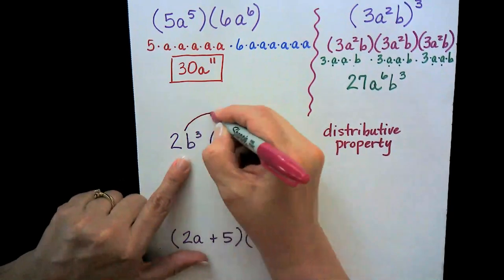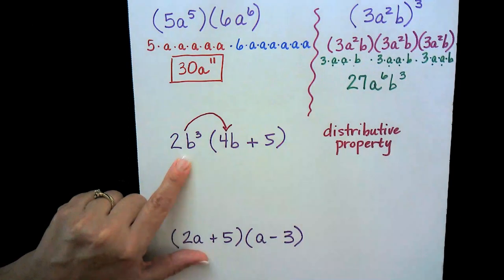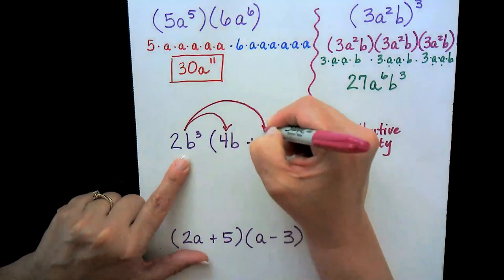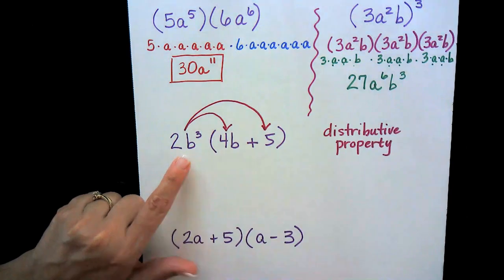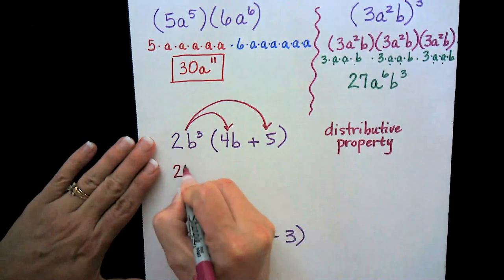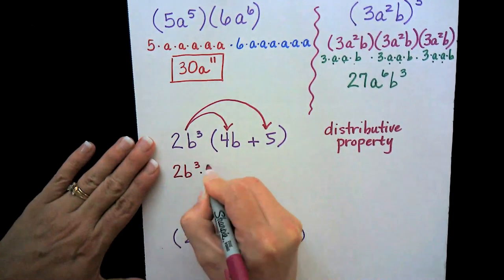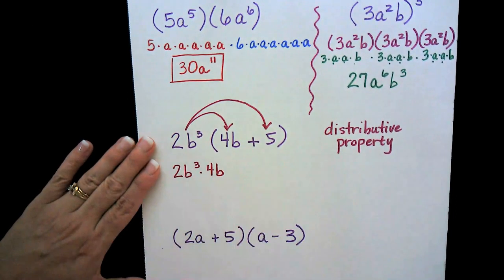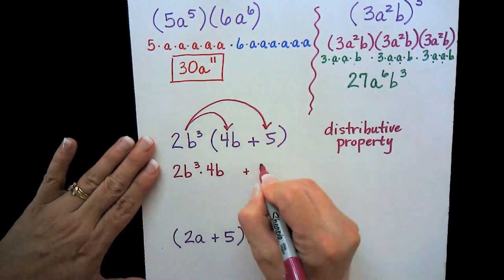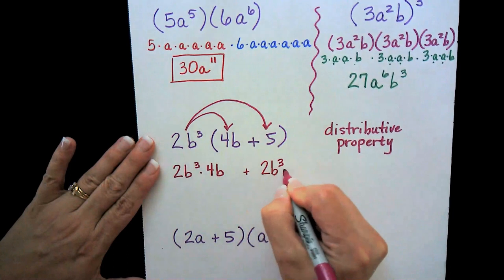We're going to distribute it to the first term, and we're going to distribute it to the second term. So when we distribute, we multiply. So we'll do 2b to the third times the 4b. And then we have the plus, and then we'll do the distributing here, the 2b to the third times the 5.